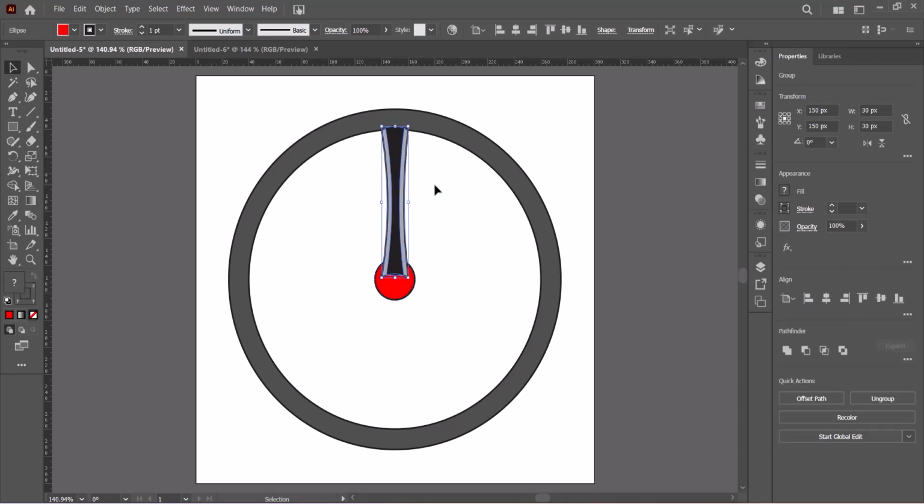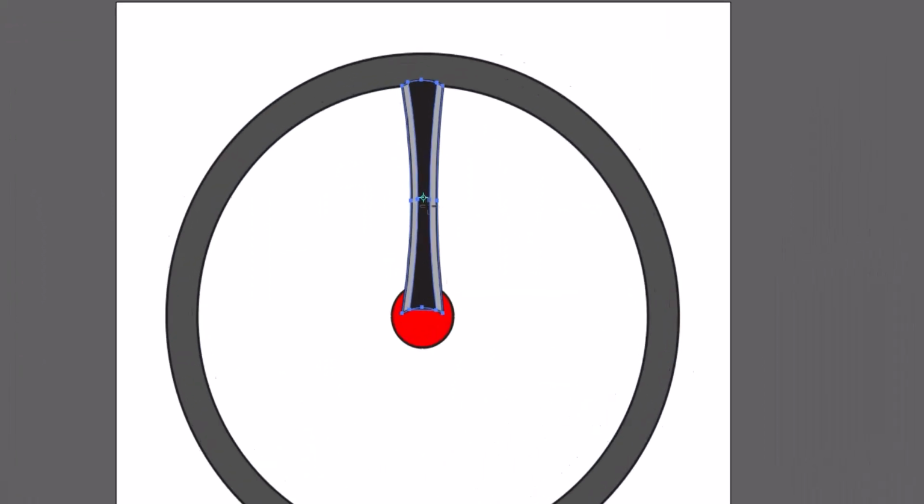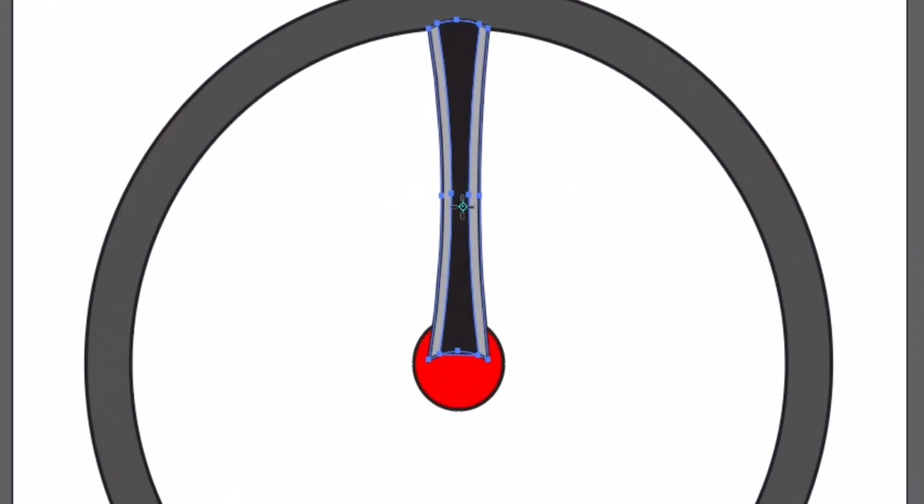So I'll select my spoke, pick the rotation tool once again, click and drag the crosshairs to the center. So where it says center, you release, hold down the Alt key till you see a double cursor, click once.